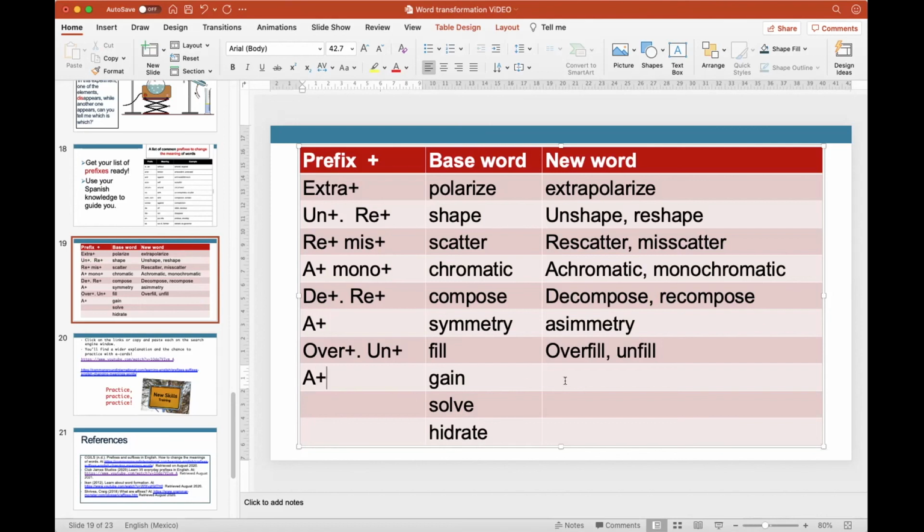Okay, so in that case, we would get something like this, no? Again, otra vez. No, I'm not sure about this one. Porque si le ponemos a, significa que no, entonces, sin ganancia, y nos queda una palabra que significa otra vez. No, yo creo que en este caso no lo podríamos poner porque coincide con una palabra que significa otra cosa. Pero sí podríamos poner, por ejemplo, re. Volver a ganar, ¿no?